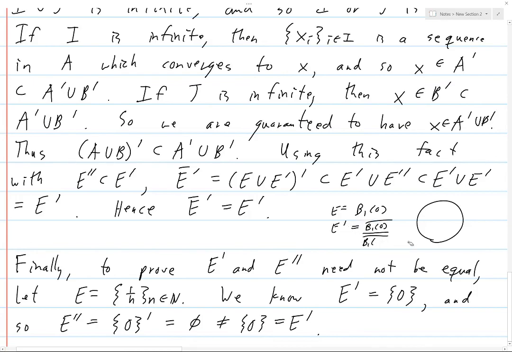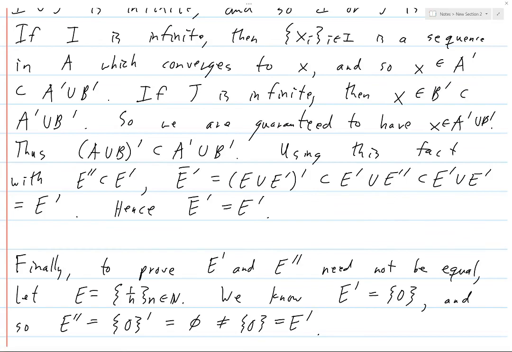So you do have plenty of instances in which E prime and E double prime are the same thing, but there are also plenty of cases in which they aren't, particularly cases on the real line, and this is one example of it.